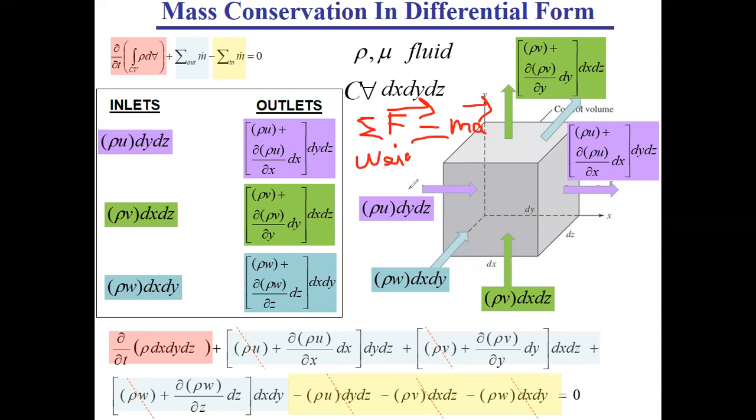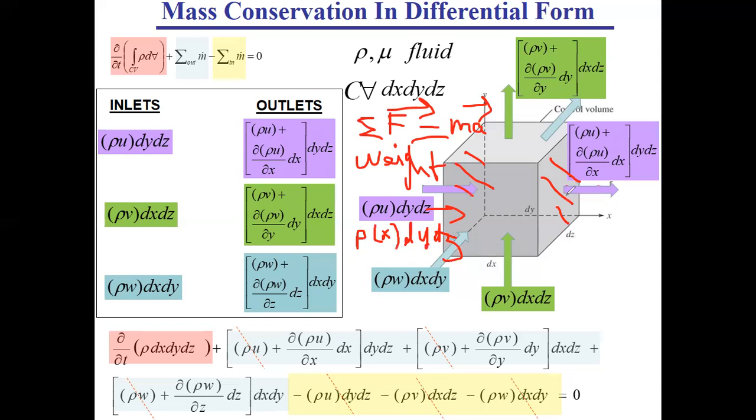We have pressure forces, so you should consider the pressure field to be able to find the pressure at each face. For example, if I consider this face, the pressure force on it is P at x times dy dz, while for the other face you do the same concept.